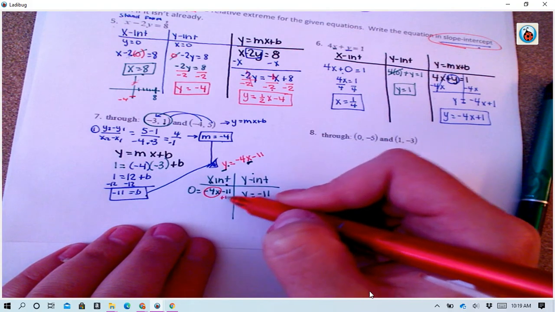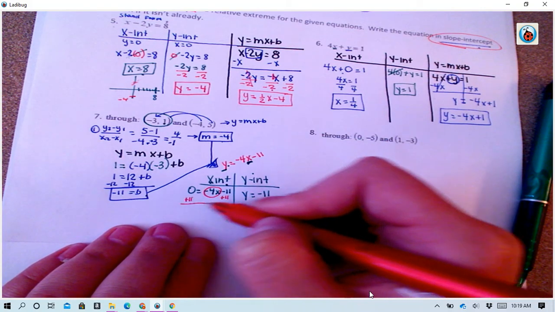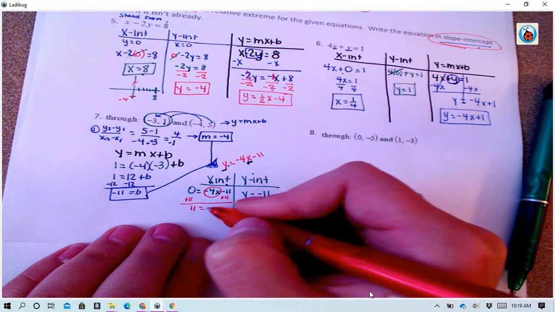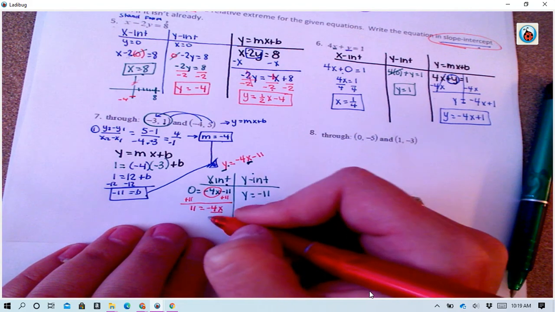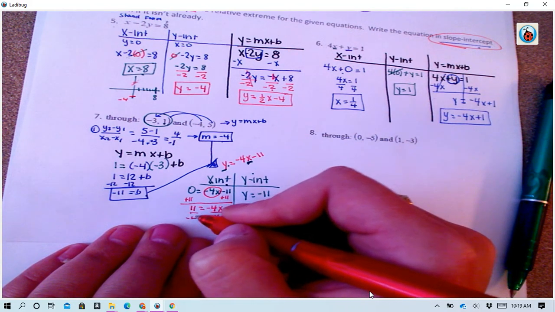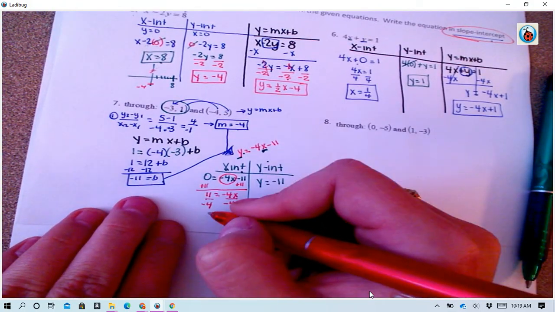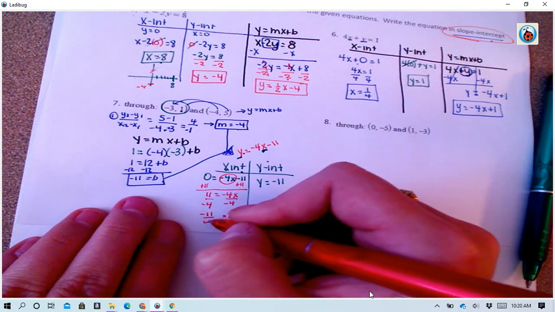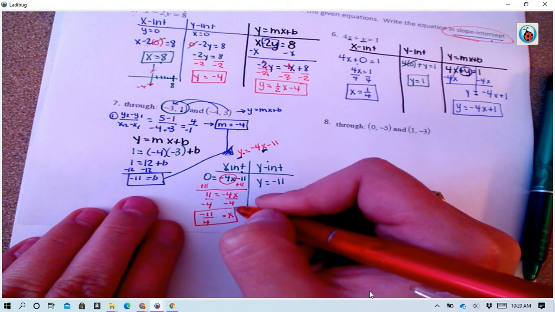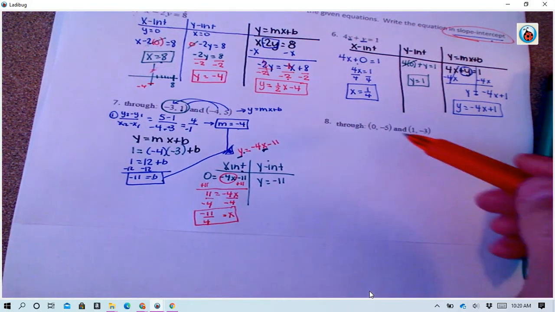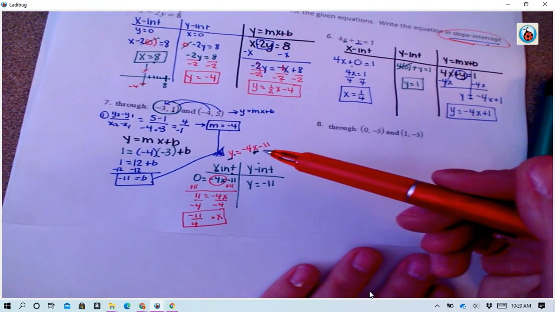I'm going to add 11 to both sides. I'm left with 11 equals negative 4x. Divide by negative 4. Told you sometimes it's going to be a fraction. This would be a negative 11 fourths. And that's okay.